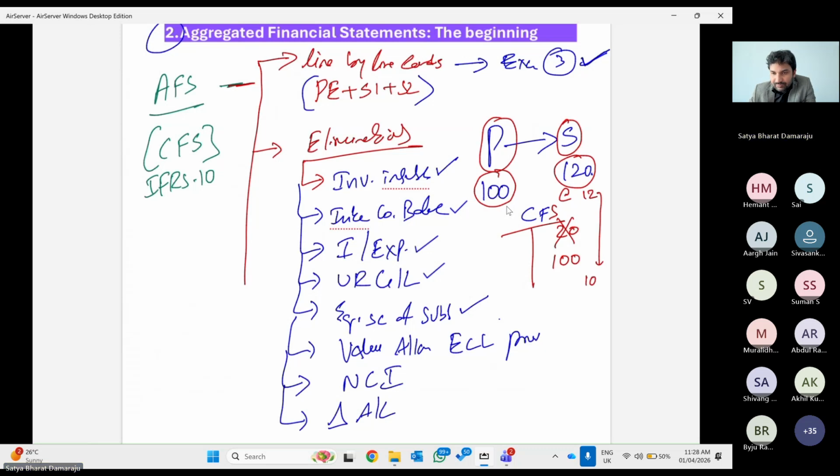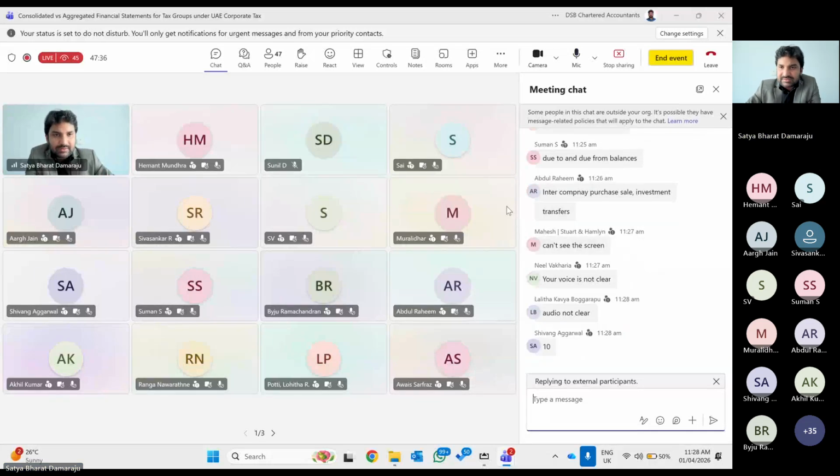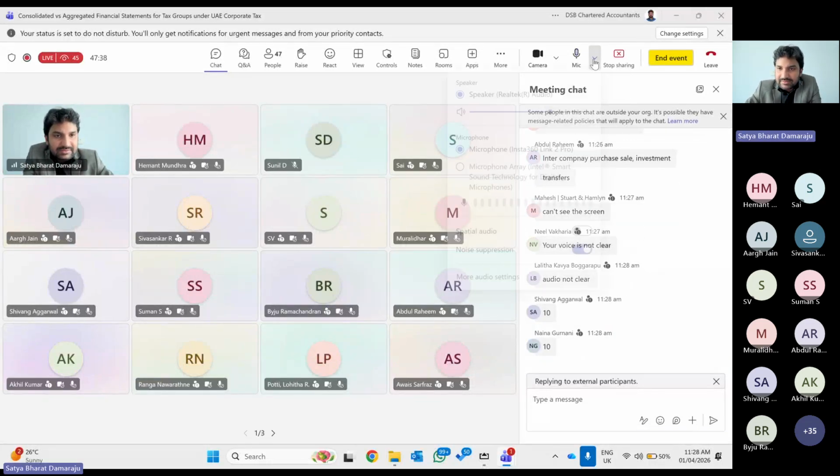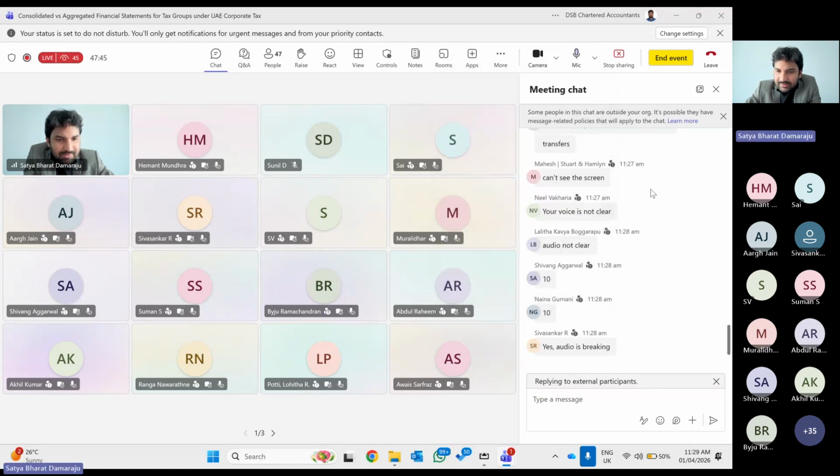12 or 10? Audio not clear? Am I clear now? Someone please confirm if my audio is clear. Is this good now? Audio is breaking. How about now? Is this fine? Sunil, can you hear me well?